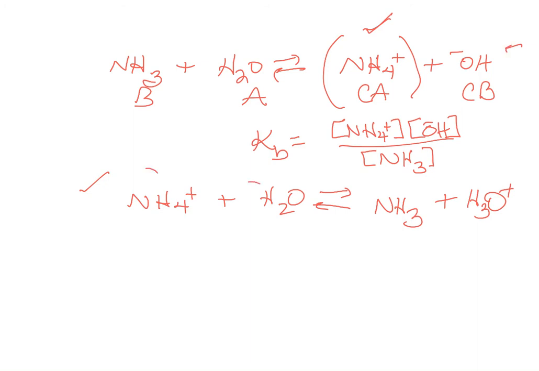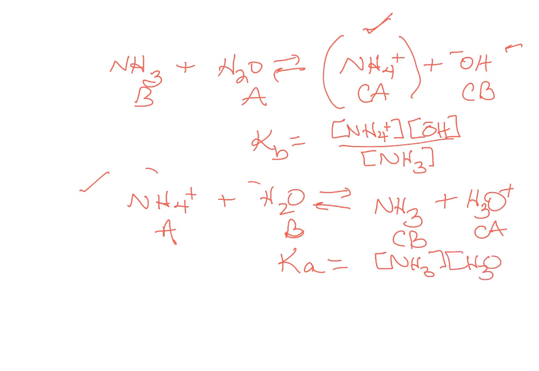So just make note of that. So again, if we were to label this equation, and the Ka expression for the ammonium ion is products over reactants, leaving water out again.